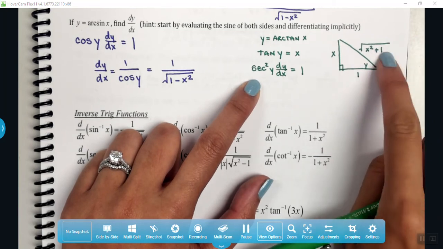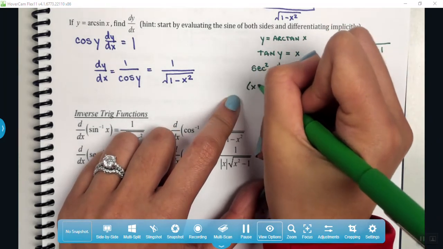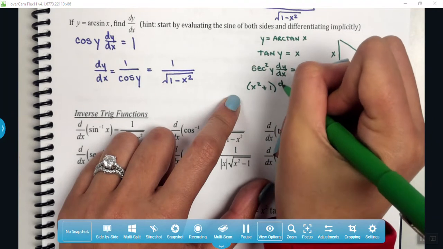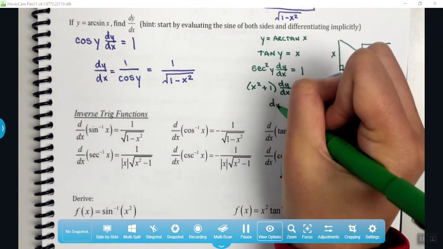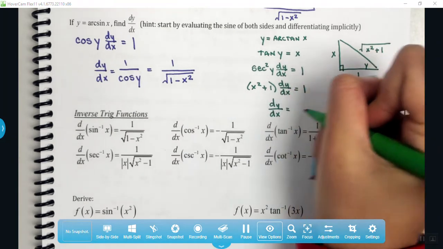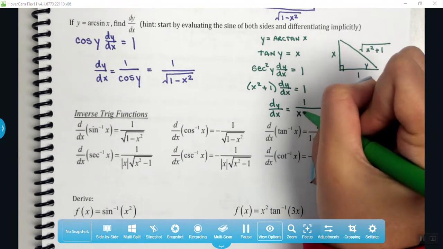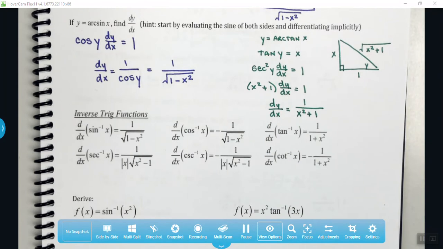But then squared would just be x squared plus 1. And so dy dx is 1 over x squared plus 1. And that's how you get arctan. So that's why the root disappears, because you have secant squared for tangent.